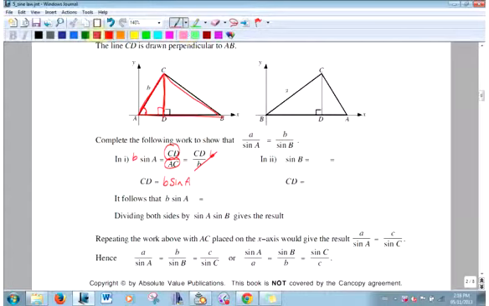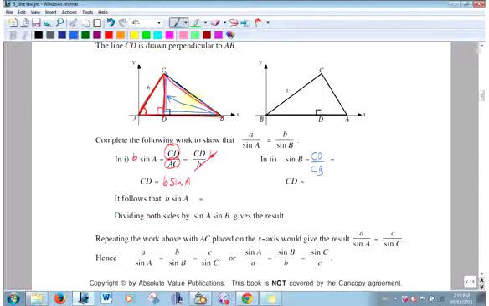But let's look at it from this point of view. This triangle. The sine of B is opposite CD over hypotenuse, CB, or BC, same thing, which is, what's CB?